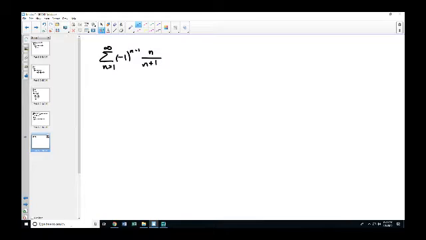Alternating, I heard the word. Okay, so what do you notice about this term if we do the infinite limit? What's the limit as n approaches infinity here? One, right? So we're going to try to use a divergence test, but we have this to deal with.